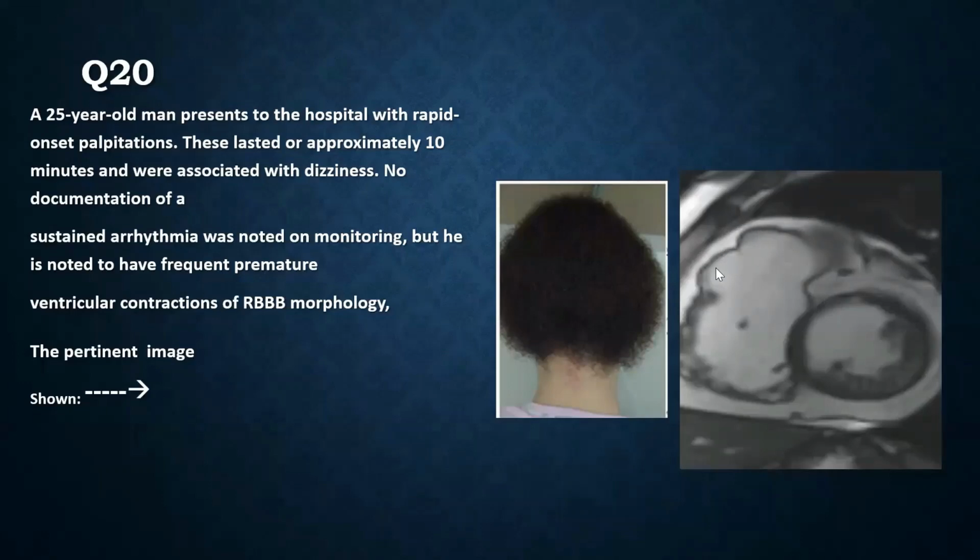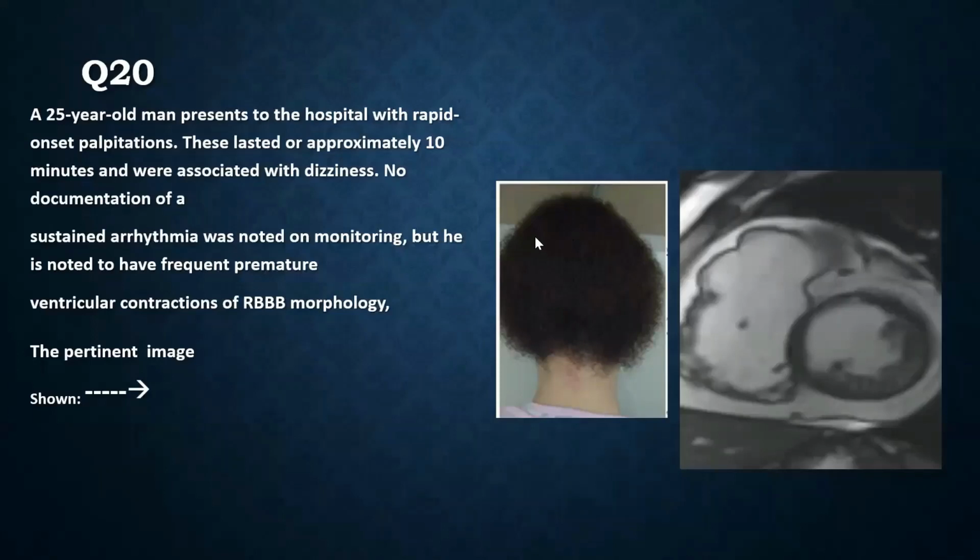So this is a fatty infiltration of the right ventricle. What else? Also, there are some runs of VT of left bundle branch morphology, which is usually because the left bundle is originated from the right and the right bundle originated from the left. So as you mentioned, this is Naxos syndrome.